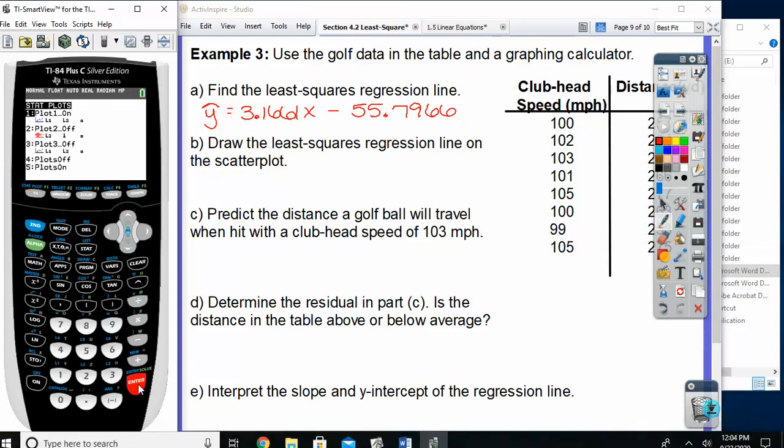Go to plot 1. You need it turned on. The scatter plot's the first one. Then if you just hit zoom 9, it should graph your scatter plot and put the line on there. So we can see it's not a bad line. We have some points above and below it, but it's a fairly good line.